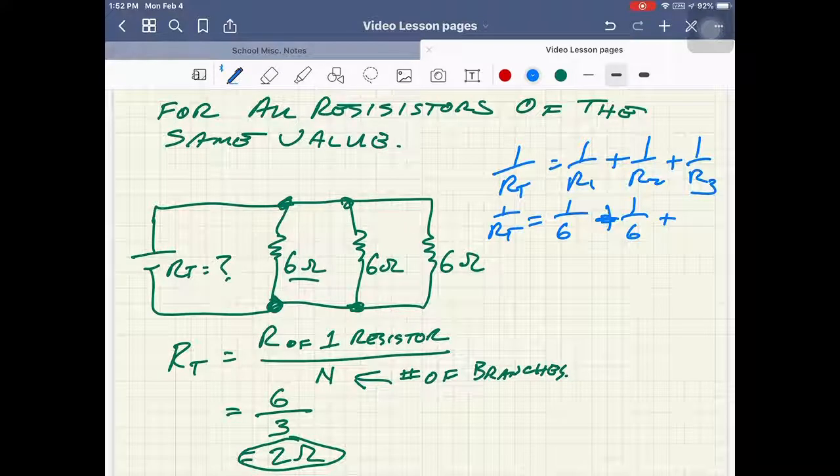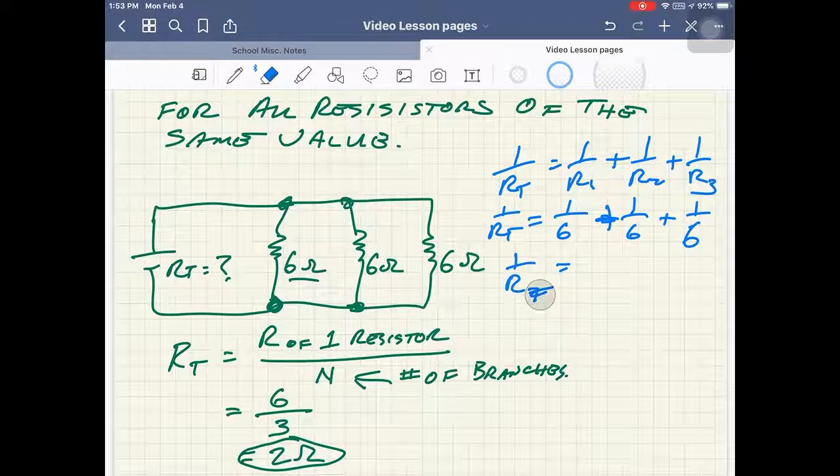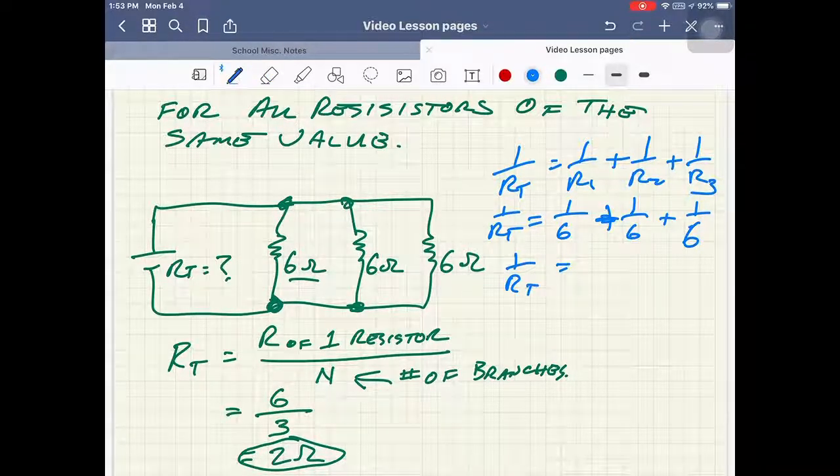We already got a common denominator. I'm rushing through this. Plugging in some wrong numbers here. So we've got 3 over 6, so we don't have to find a common denominator. It's already there.